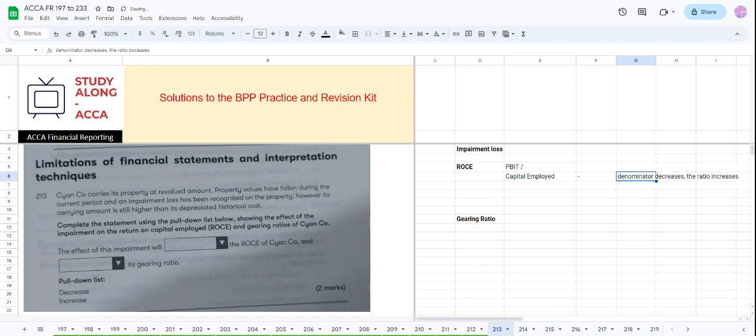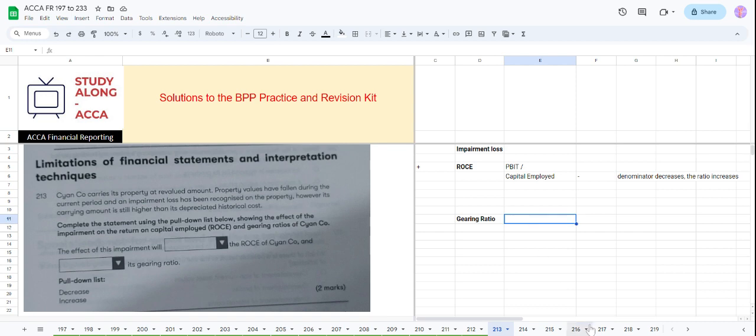If the denominator goes down, your overall ratio will go up. So, this ROCE will increase.